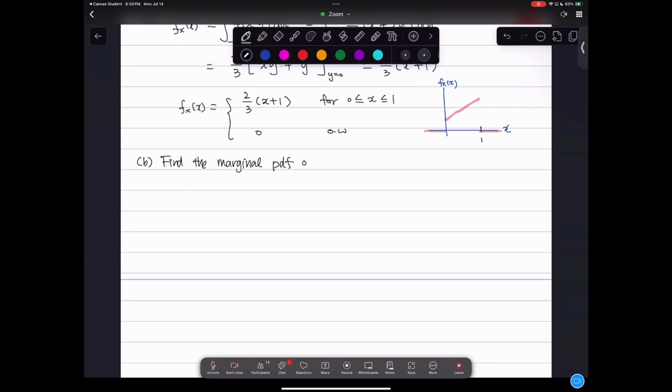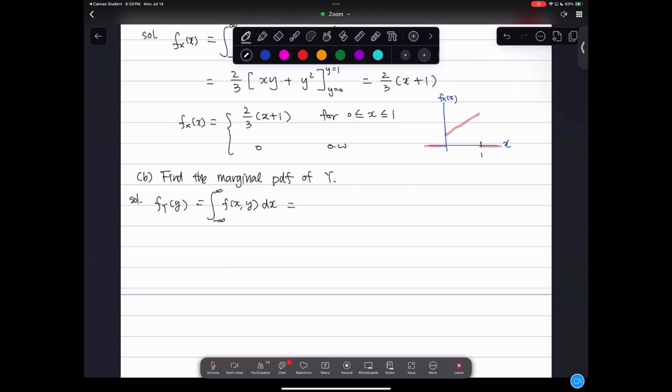of y. So again, by definition, f of y is you integrating your joint. So I want all these other x values, dx with respect to x from negative to positive infinity. But your x takes all the values of 0 to 1 in this case.